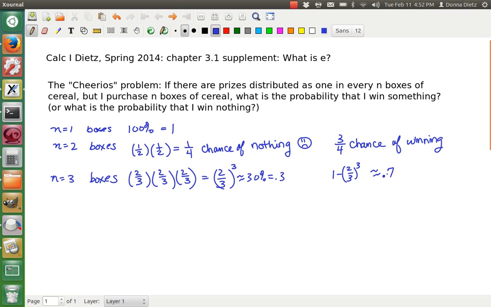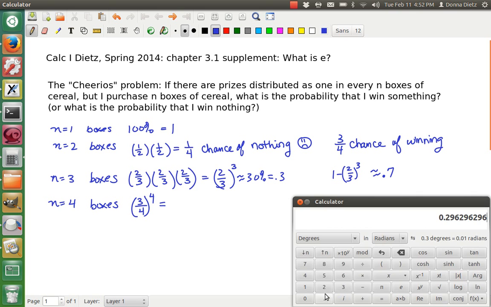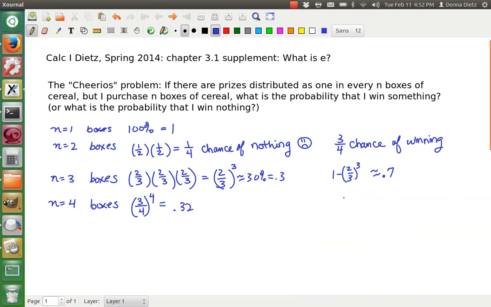All right, so let's go up to 4 boxes. It's going to be a 75% chance of nothing each time, 4 times. So it's 0.75 to the power of 4, and it's about 0.32, and this value is about 0.68.